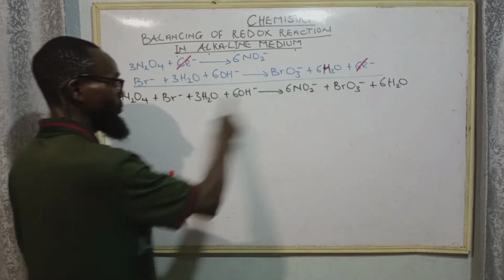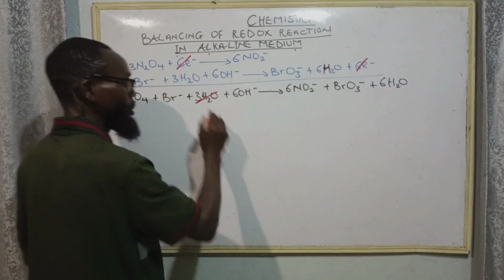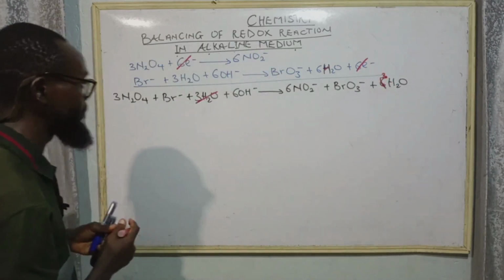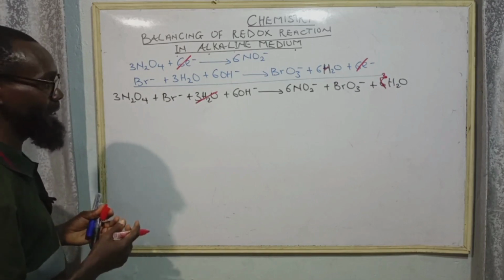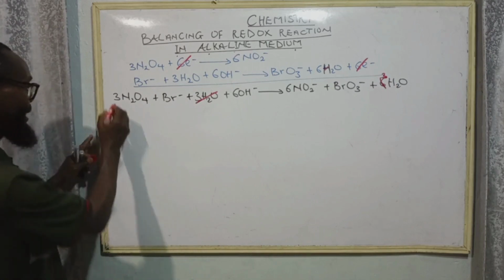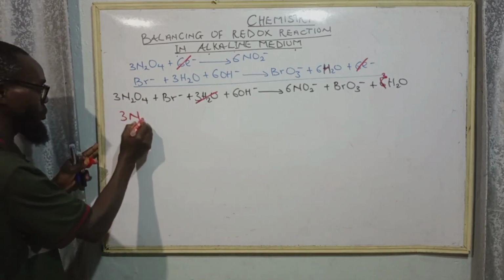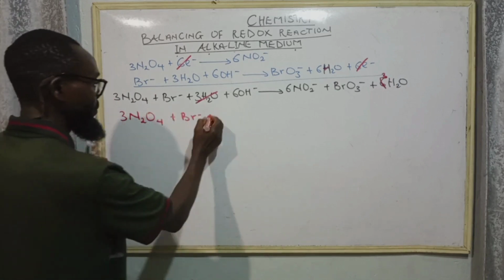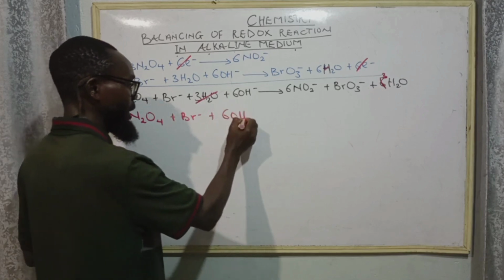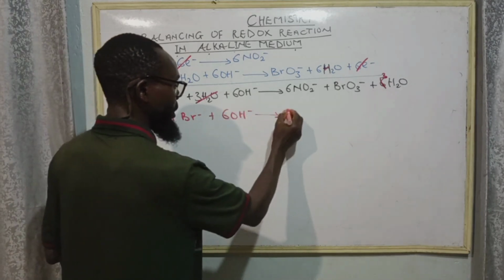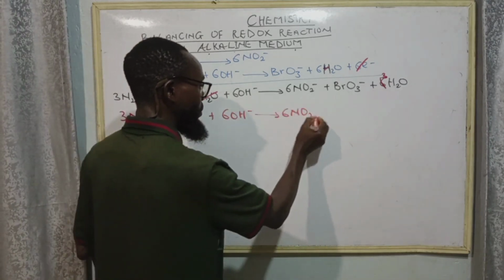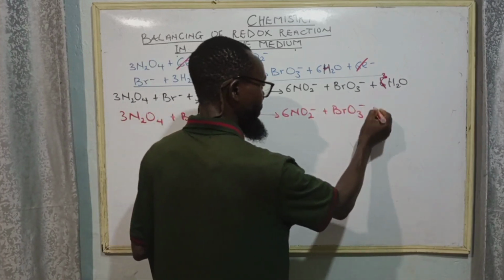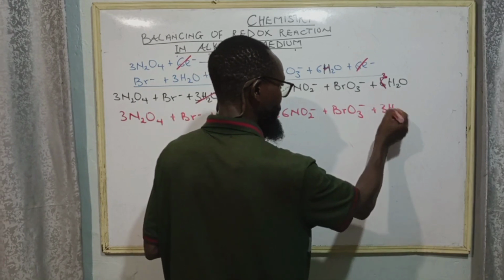If I subtract 3 from 6, this one will be cancelled, while this one will remain 3. Is there any other one that is the same? No. So we now rewrite 3N2O4 plus Br minus plus 6OH minus to give 6NO2 minus plus BrO3 minus, then plus 3H2O.